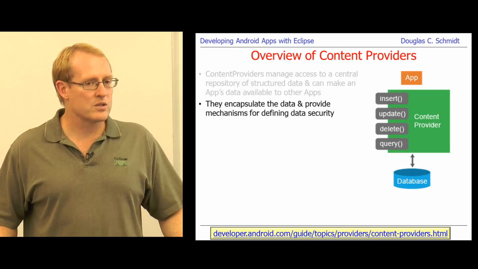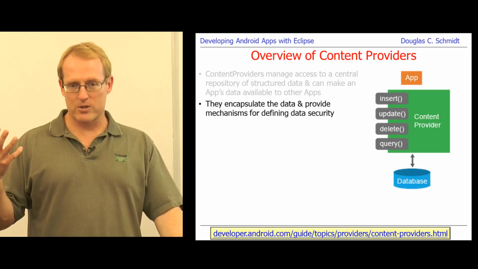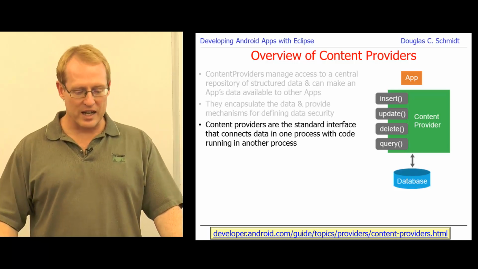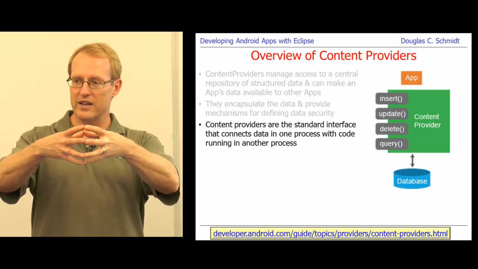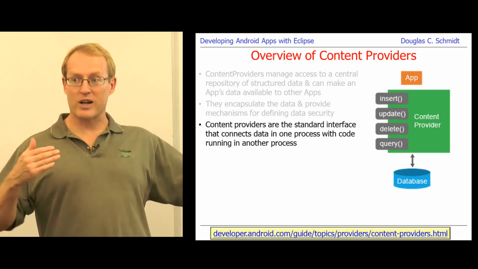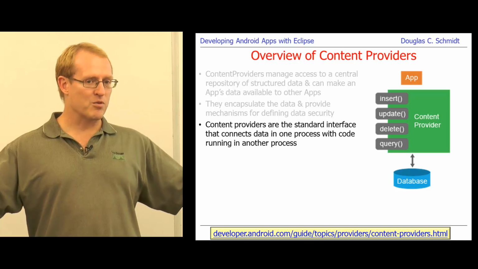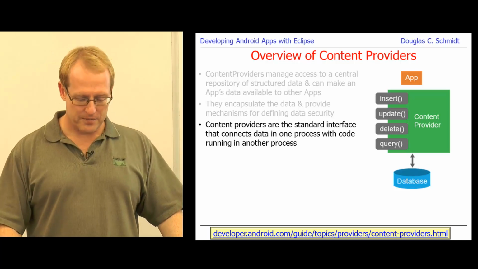They also give you some ways of having permissions and protection to give a little better security to accessing the data so that not everybody can get it. If you have data residing in one process and you want to get to it from applications running in a different process, then content providers and the content resolvers used to access them are crucial to being able to do that.